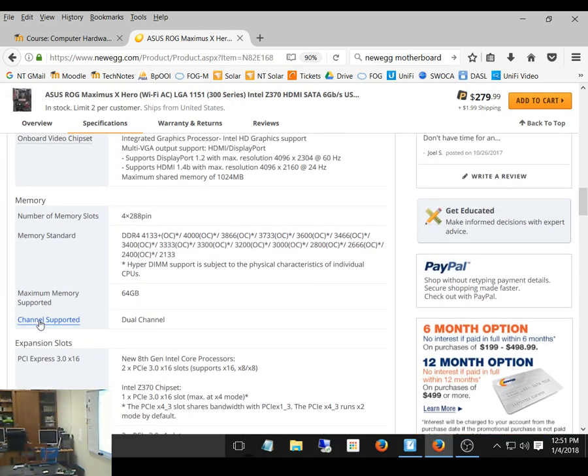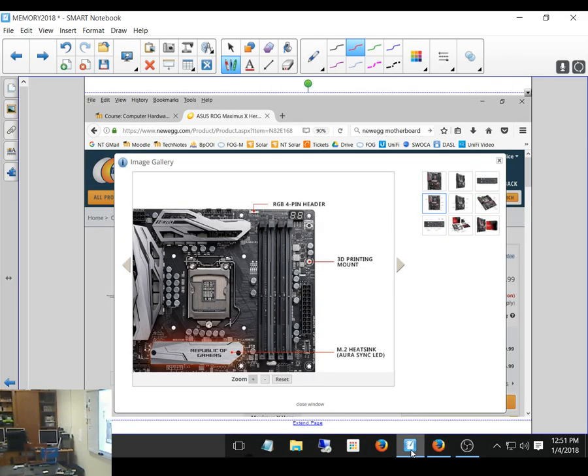Right there it says it supports dual channel memory on the motherboard. The memory also has to support dual channel memory in order for that to work.